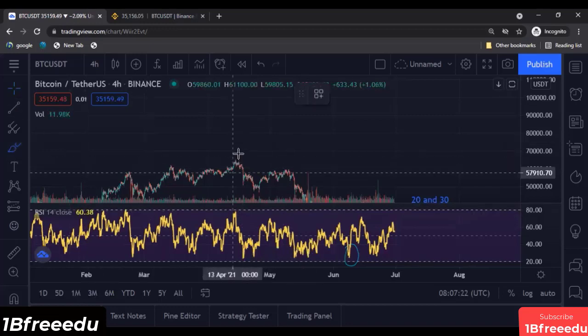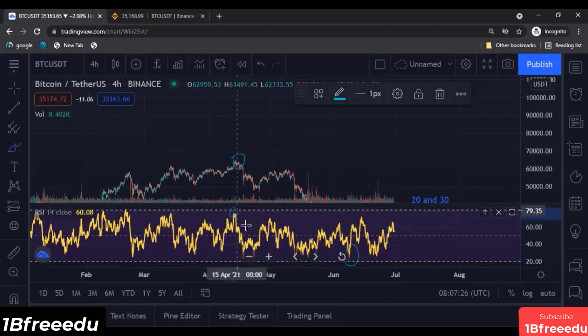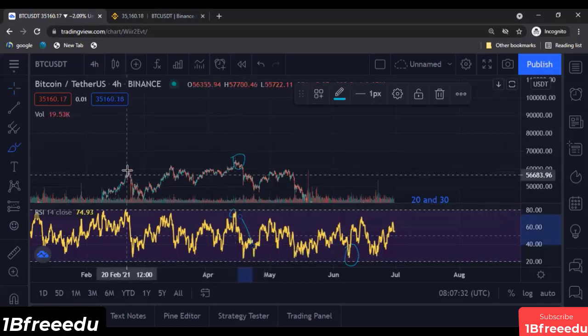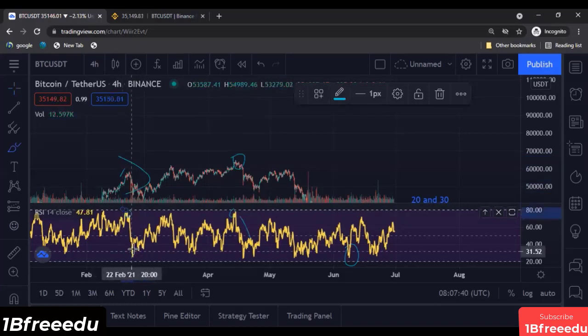So we could predict that at this RSI the price would go down, and it happened exactly like that. And if you look here as well, when it was at 58,000, the RSI was again at 77, and then again it went back to where it should be.